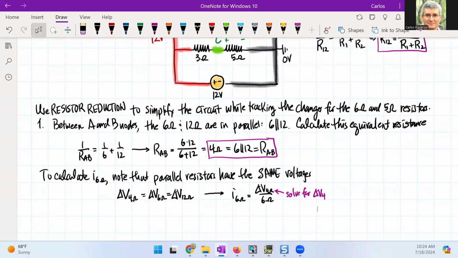So the next thing that I want to do is redraw the circuit. So now I'm going to redraw the equivalent reduced circuit.